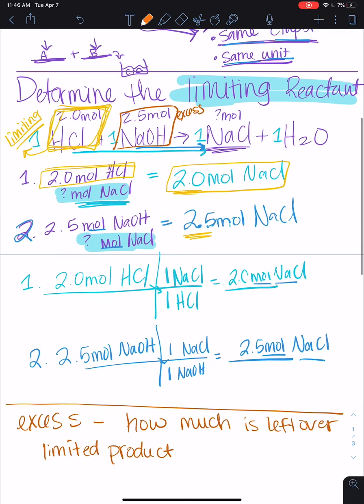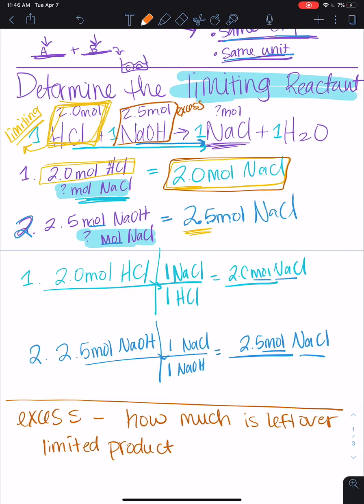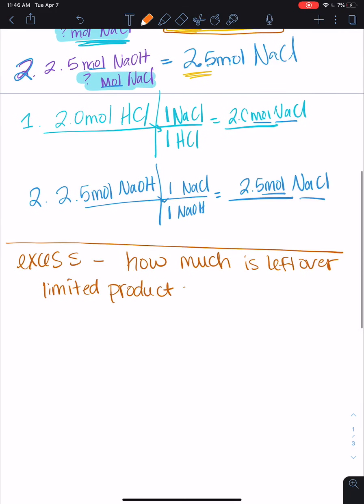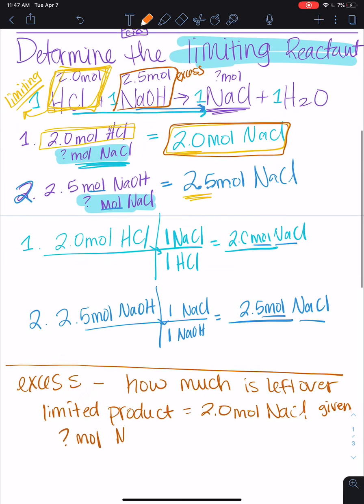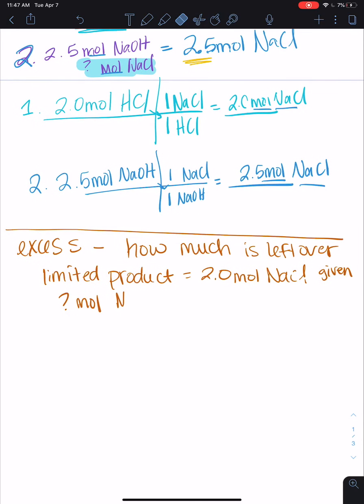What was the limited product? That was the smaller one, 2.0 moles. So this is your new given, and you are going to solve for how many moles of the excess reactant. Hold on, let me rewrite this.